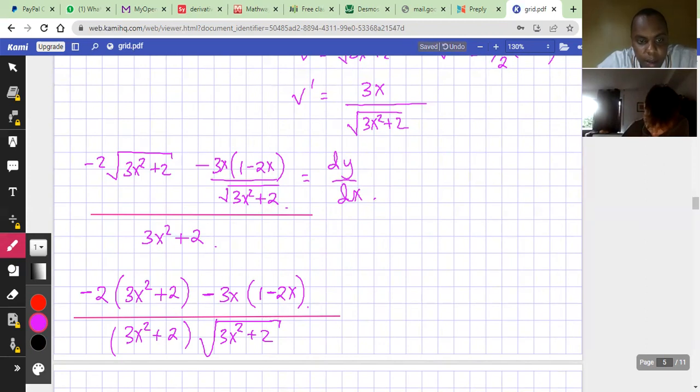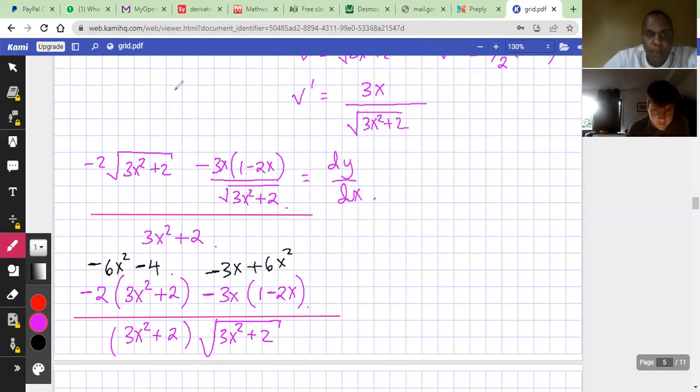Okay. So we can expand. This is going to be minus 3x plus 6x squared, and this is going to be minus 6x squared minus 4.